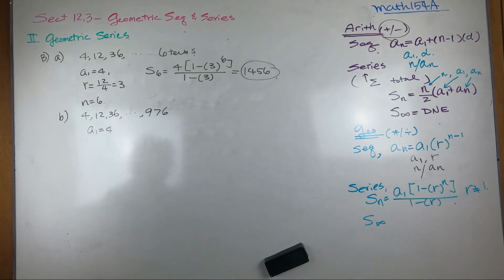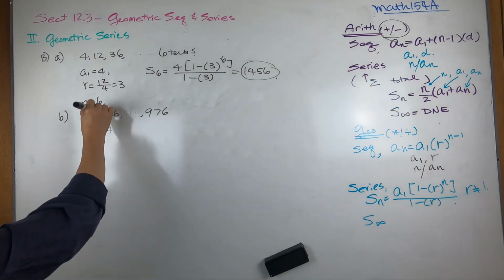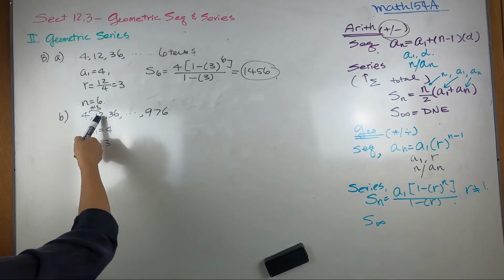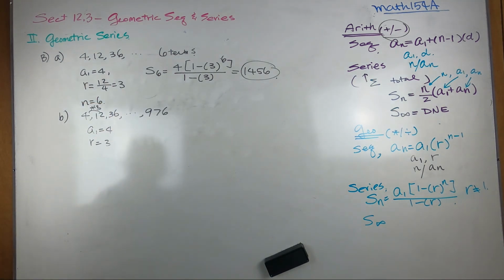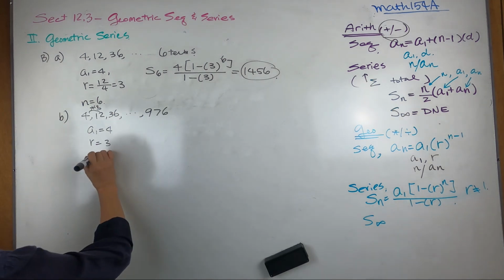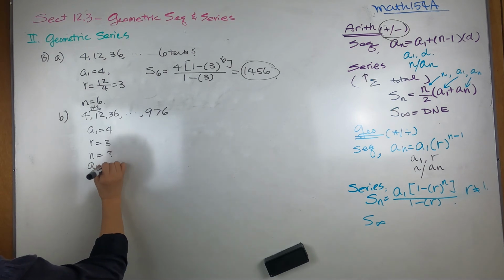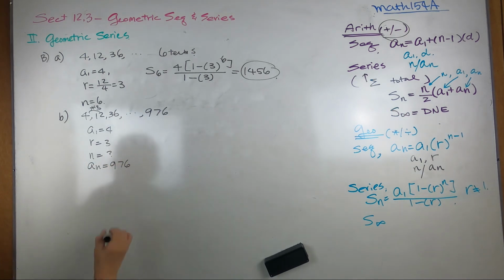Then you decide, do we have a geometric sequence or an arithmetic sequence, right? It's geometric because times what? 3. So R is 3, times 3, right? Then we want to find out how many terms there are. But we do know An is what? 976.